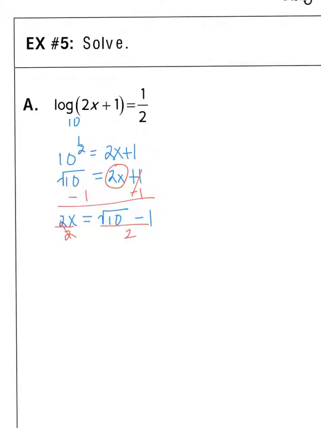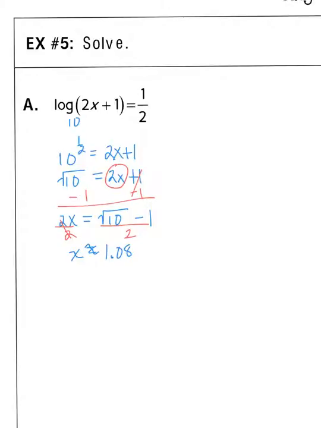So you will need your calculator to get an exact answer. The square root of 10 minus 1, and all of that divided by 2, is approximately, because I'm going to have to round, I get squiggly equals, I'm going to round to 2 places, 1.08.